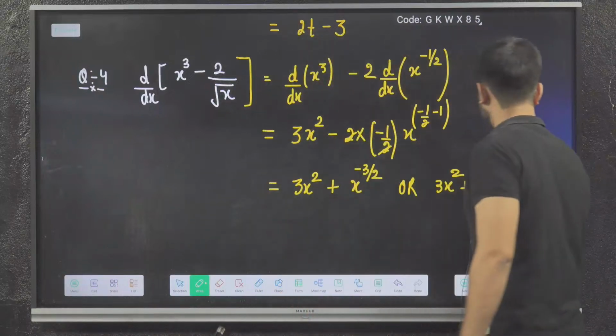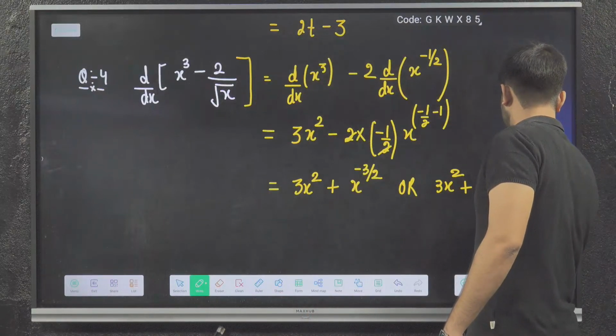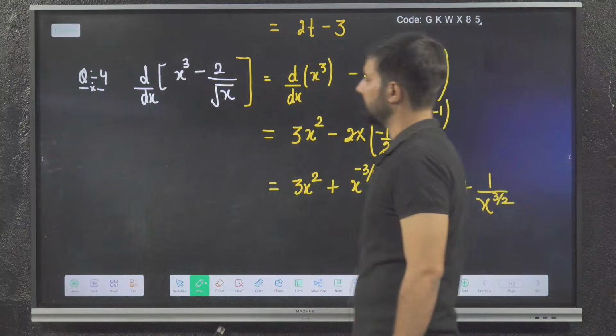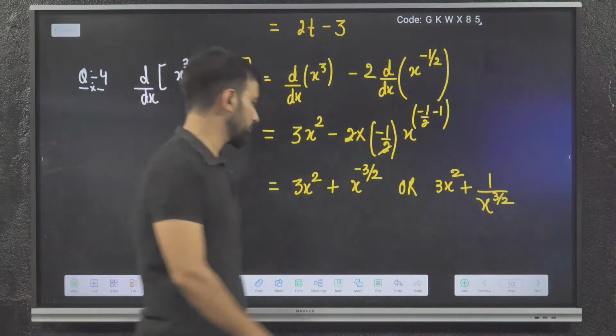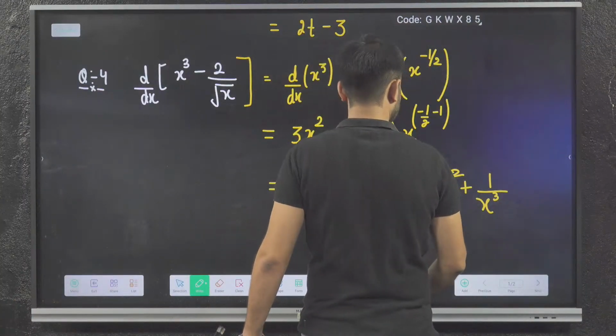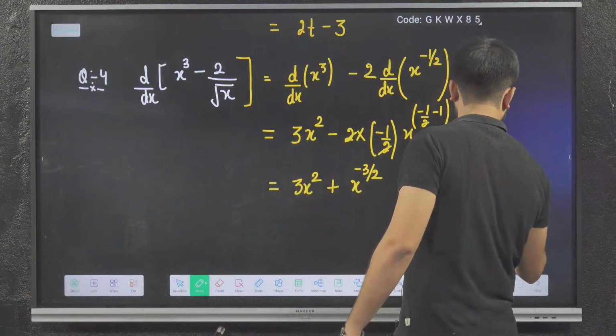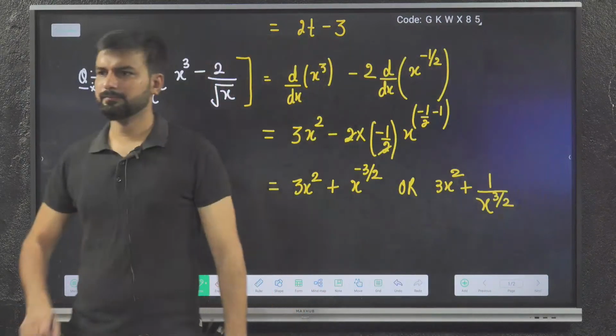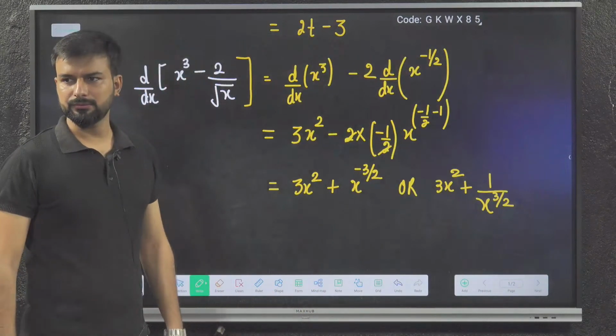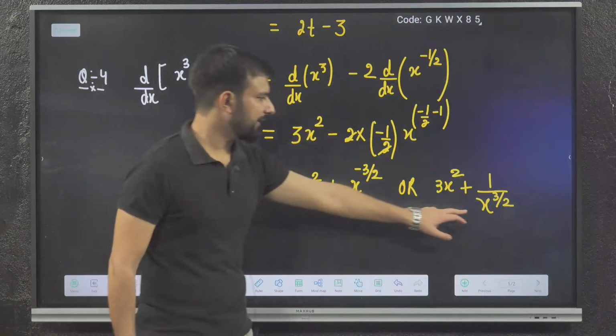Or you can also write it like this: x power 3 by 2. Sorry, I wrote it the wrong way around. This is the correct answer: x power 3 by 2.